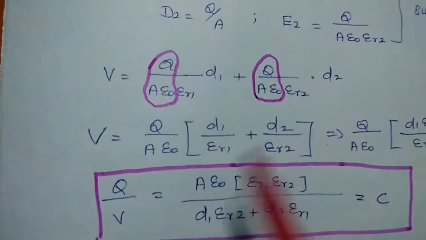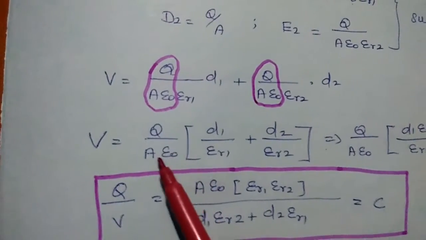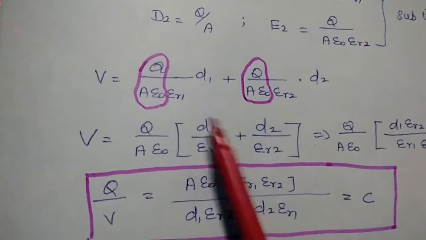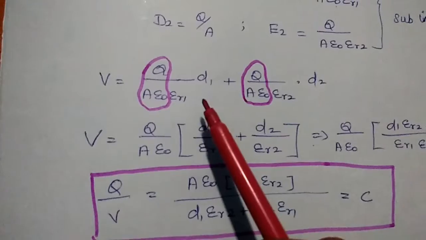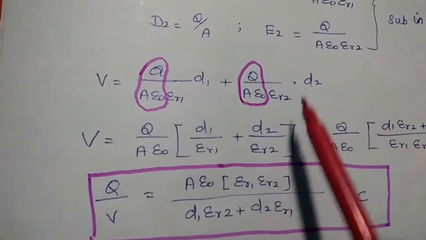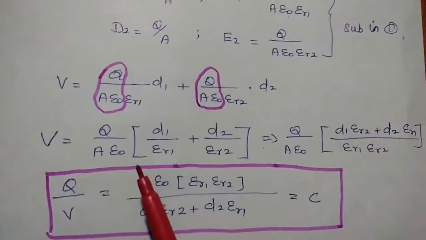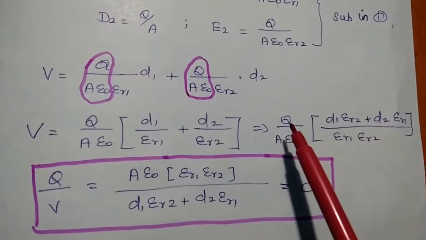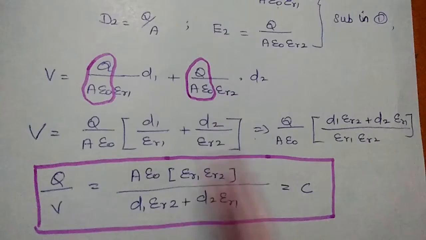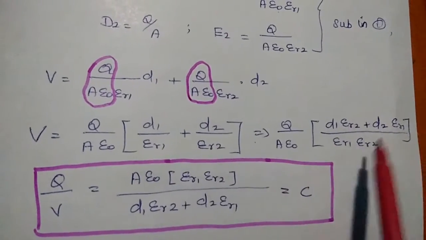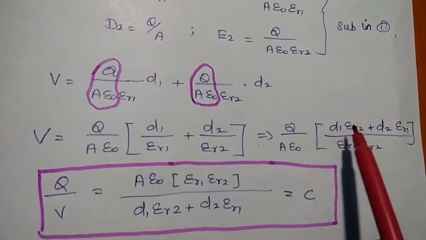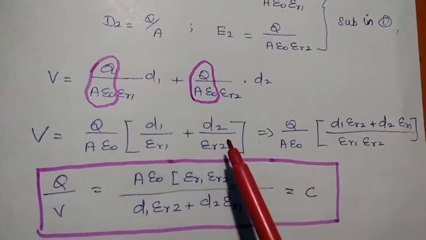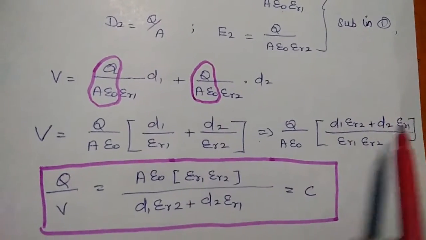So I can simply take it outside. So Q by A epsilon naught into D1 by epsilon R1 plus D2 by epsilon R2. Correct? So I can take that LCM and then this equation becomes Q by A epsilon naught into epsilon R1 epsilon R2 in the denominator, D1 epsilon R2 plus D2 into epsilon R1 in the numerator.